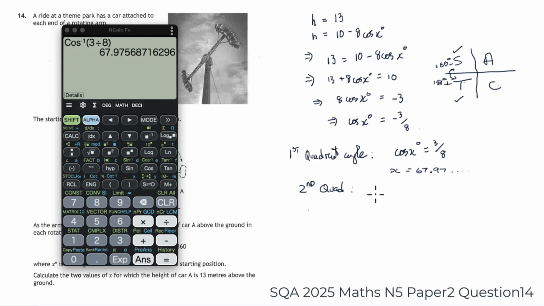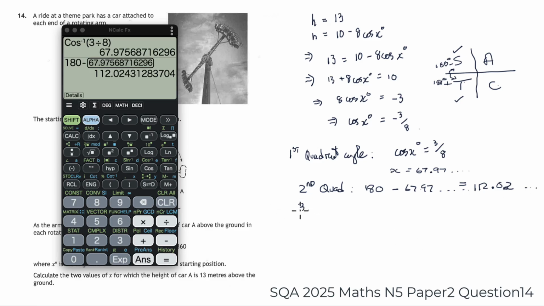So for the second quadrant, it's 180 minus the 67.97 and so on. So let's go to the calculator and see what that gives us. 180 minus that answer that we had, and that gives us 112.02 and so on.